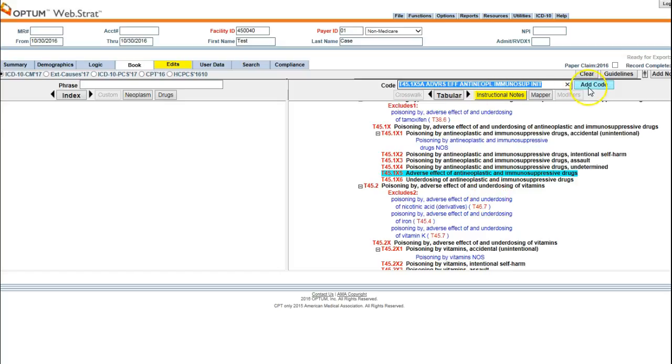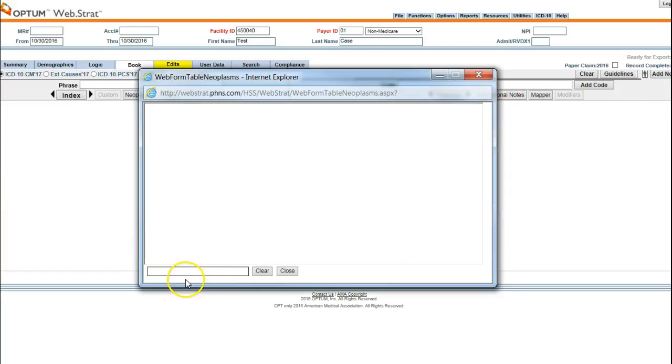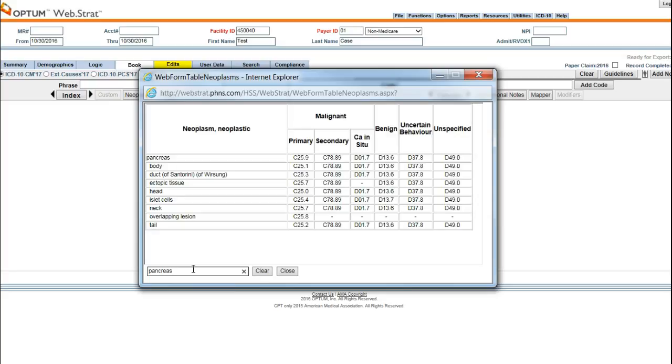So now that we have that code, now we can look at the fact that the patient has cancer or a neoplasm. So this is my neoplasm table, and I'm just going to locate the organ of pancreas.